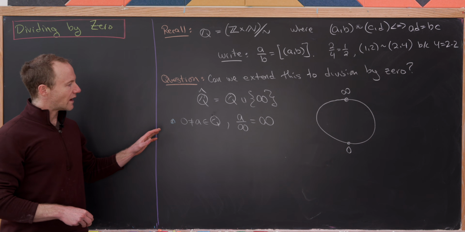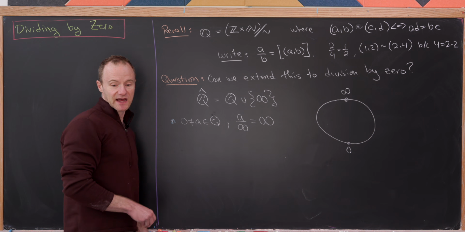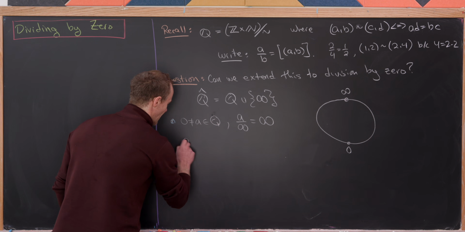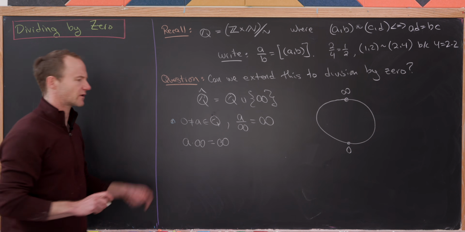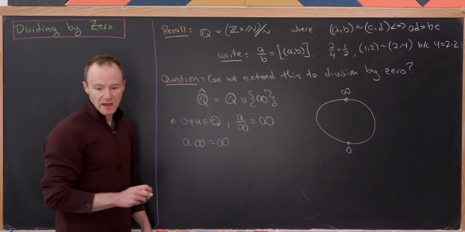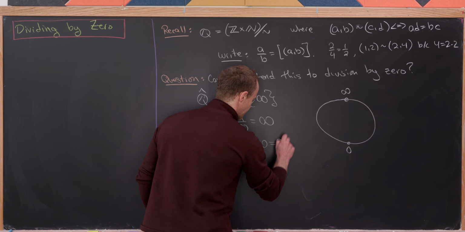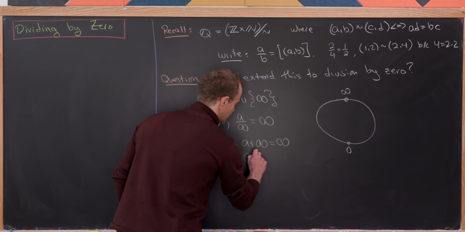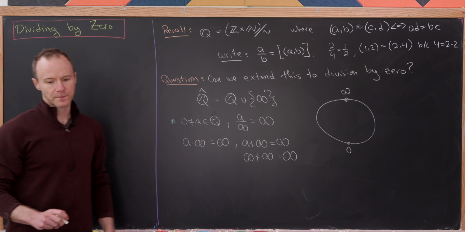Okay, in this setup, generally we take things like this as well. We would have a times infinity equal to infinity, and this is for non-zero a. And then we would also have a plus infinity equal to infinity, and I guess we would also put infinity plus infinity is infinity.